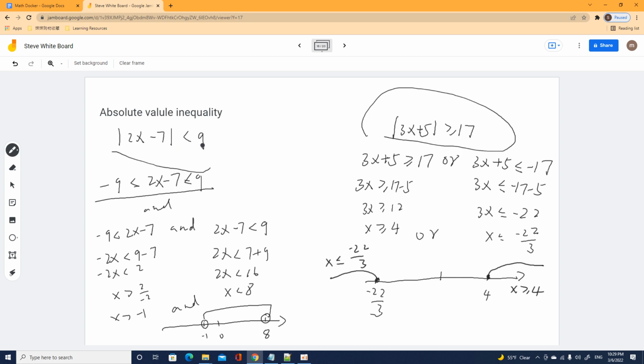When the absolute value is smaller than a number, this is an and compound inequality. When the absolute value is greater than a number, this is an or compound inequality. When you remember all of these rules, I think you can solve all of the inequality questions.